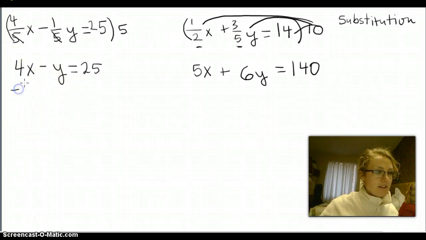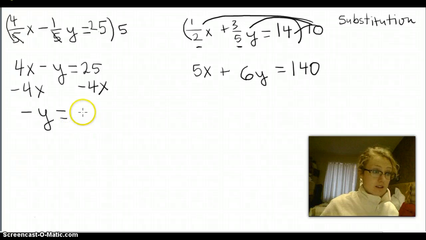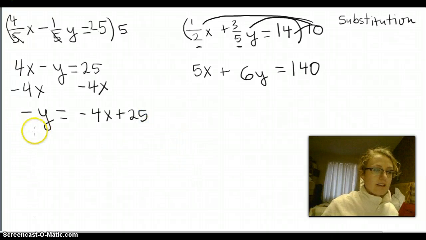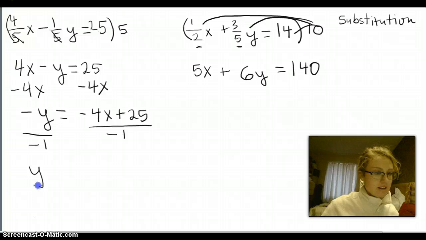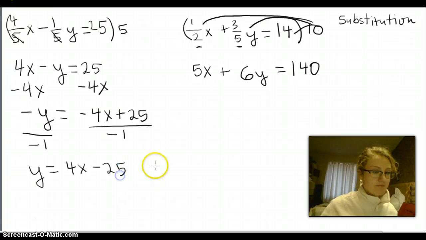So to do that, I'm going to get rid of the 4x on both sides by subtracting it. And I have negative y is equal to negative 4x plus 25. And then the last step that I need to do to both sides is divide by a negative 1 to find out that y is equal to positive 4x minus 25.